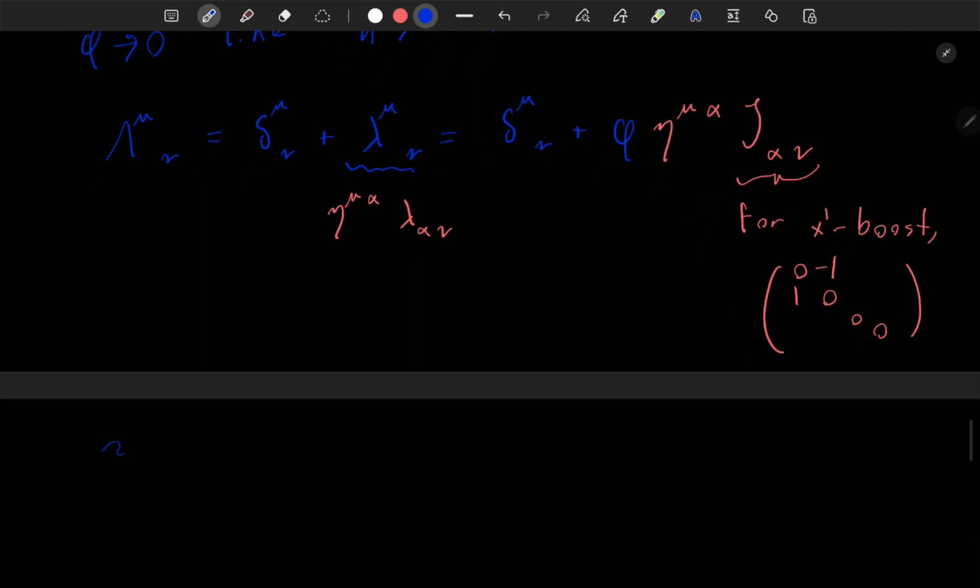Now if we're going to compose a whole bunch of these, roughly speaking, that's going to be a whole bunch of infinitesimal transformations n times, right? Because we're saying that this is like 1 over n. And look at this.